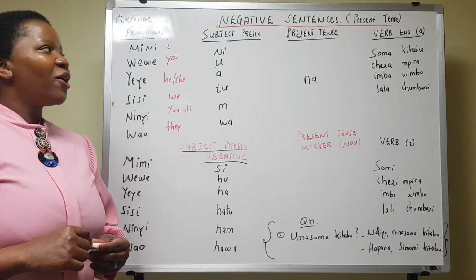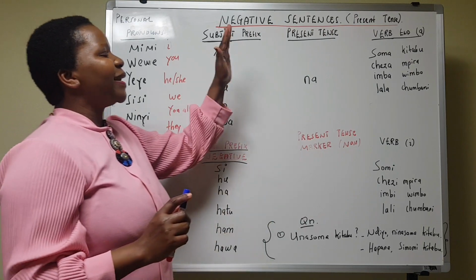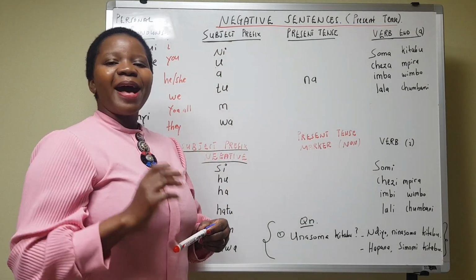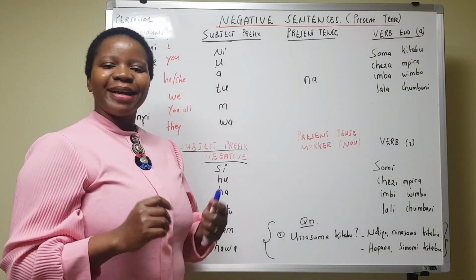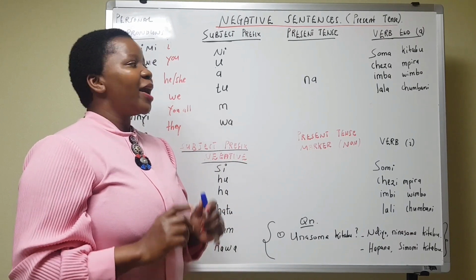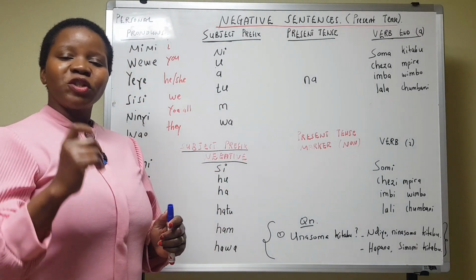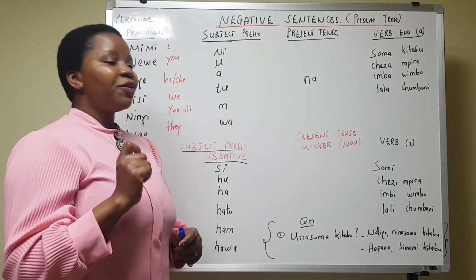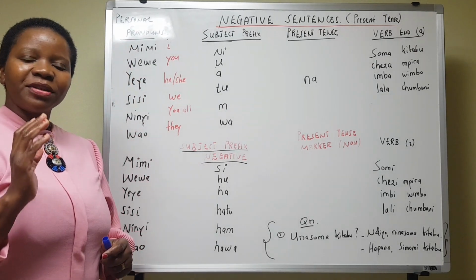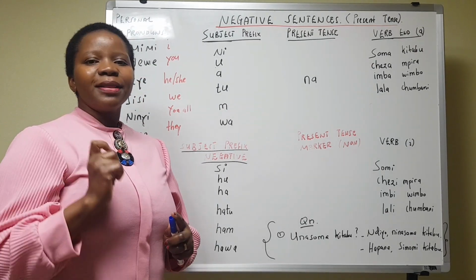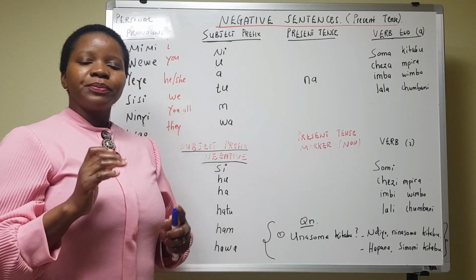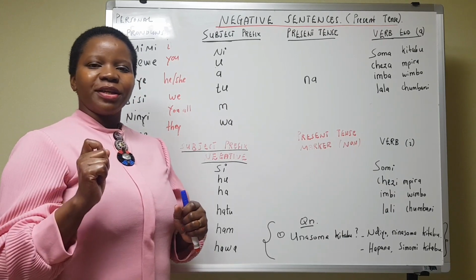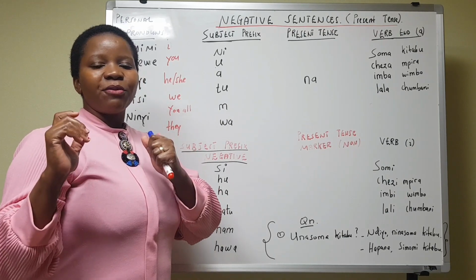So today we are going to learn about making negative sentences. How to make Swahili negative sentences, okay? But if you didn't watch my previous videos, the first one was about subject prefixes and personal pronouns, and the second one was about verb construction, how to construct some verbs.